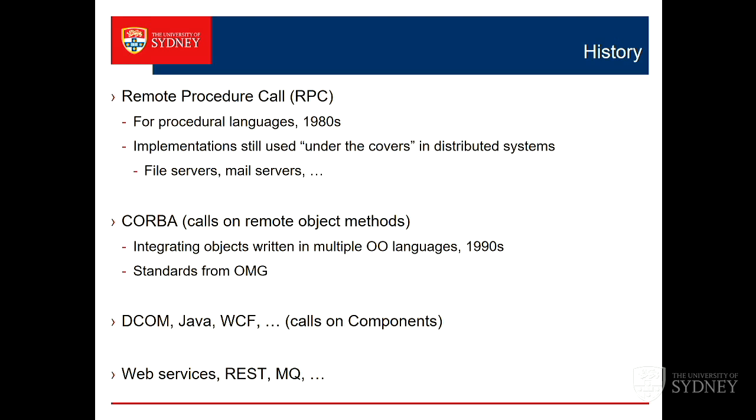Now, rich both means mind-bogglingly complex, but it also means it does all the things you need to be able to do. The standards there for distributing transactions around your system, the standards for security, the standards for discovering objects, etc. There's a rich set of services along with the basic remote object invocation protocol. And you need them. These guys have the same type of rich set of services.